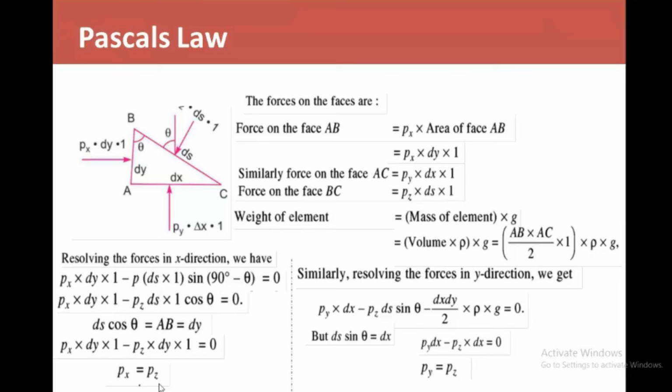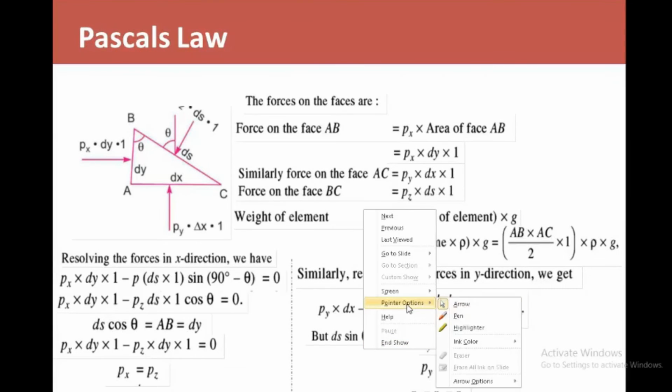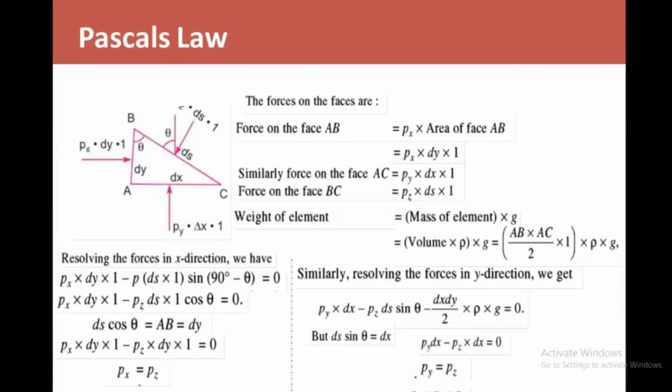So here px equals pz and here py equals pz. Equating these two terms, we will have px equals py equals pz. That means whatever the pressure or intensity of pressure acting on the fluid element is the same along x direction, along y direction, and along any slant direction.